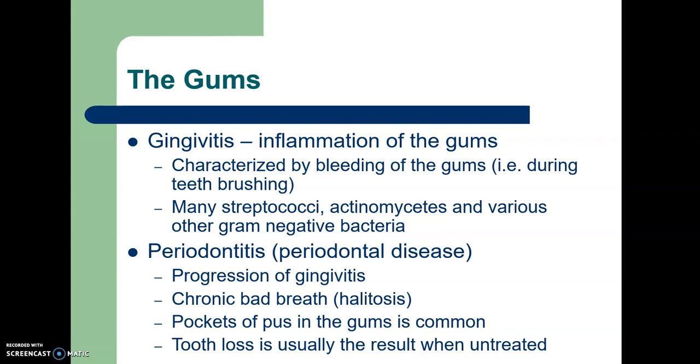This is when the inflammation has gotten so bad that pockets of pus will actually form in the gums. And the tooth or multiple teeth will actually just fall out because the inflammation and the degradation of the gums has gotten so bad that there's now nothing to really anchor the tooth, and the tooth just falls out.